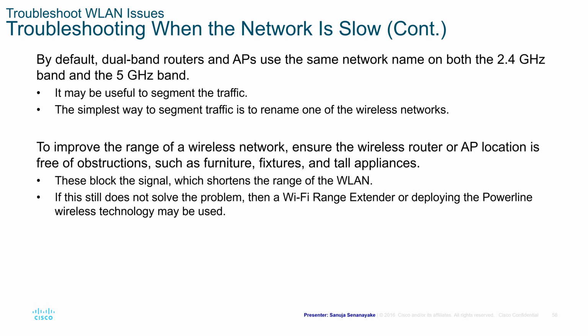So you need to look not only at the location of the access point or wireless router in terms of furniture, fixtures, and tall appliances, but also at other devices in the vicinity or in the building that may be interfering with your wireless network.